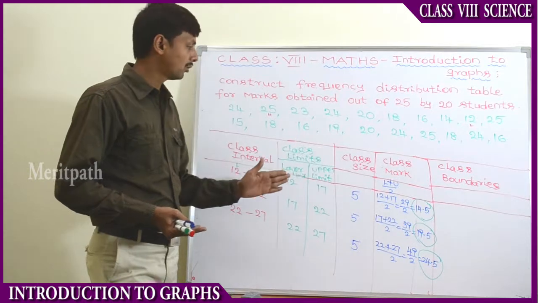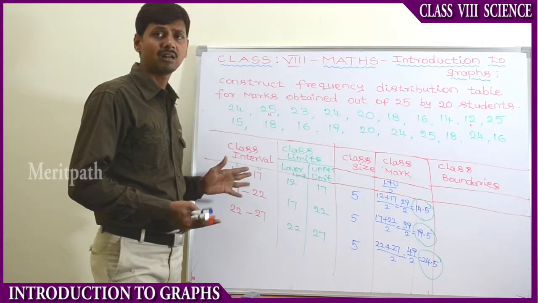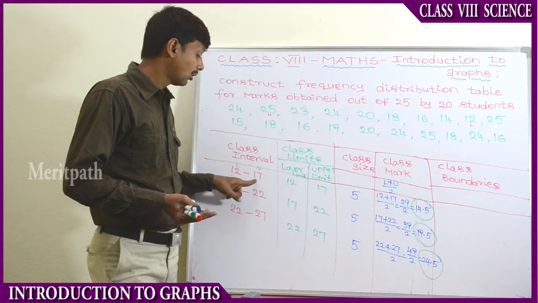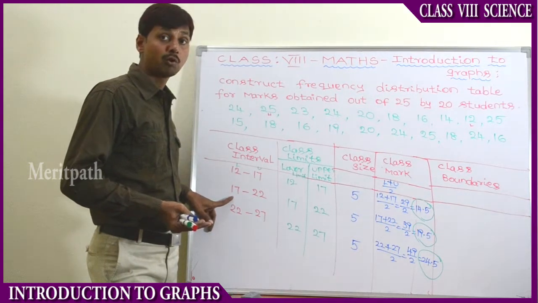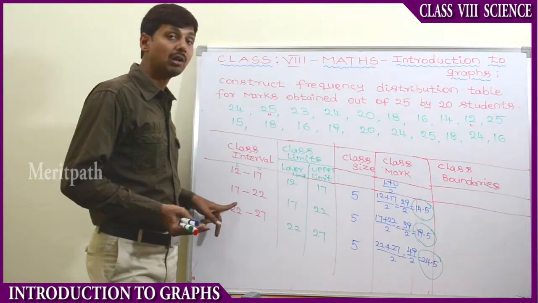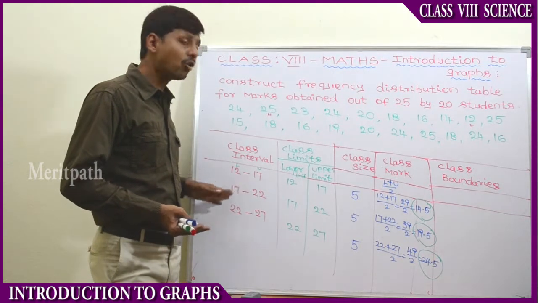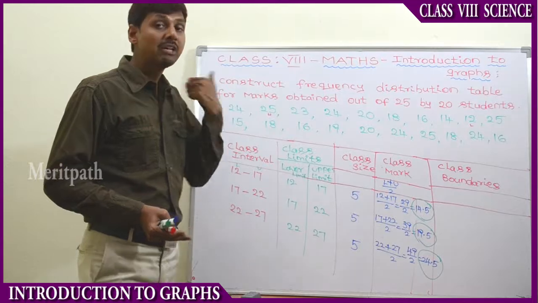So here these classes are exclusive classes because the upper boundary of this class is repeating as the lower boundary of the next class. That's the reason we call them exclusive classes. If it is not repeating, we call them inclusive classes.